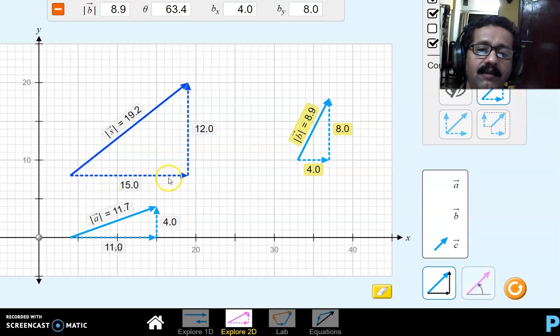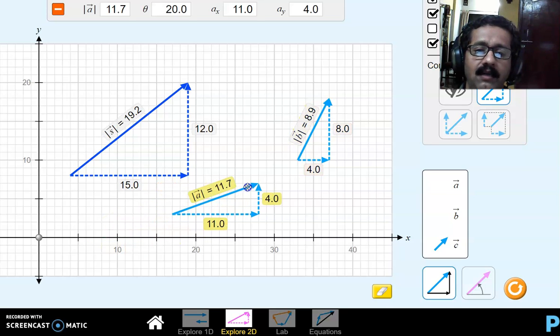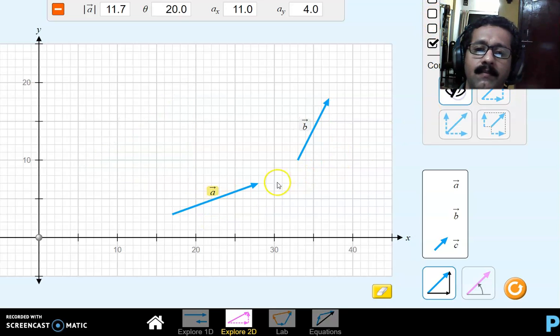For this sum vector I find that it is 15i cap plus 12j cap, whereas vector a is 11i plus 4j and vector b is 4i plus 8j. So the addition of these two vectors is 11 plus 4, that is 15i, and 4 plus 8, that is 12j. So 15i plus 12j is this particular vector. I have also shown you, using these values, that the sum of the two vectors happens to be like this.